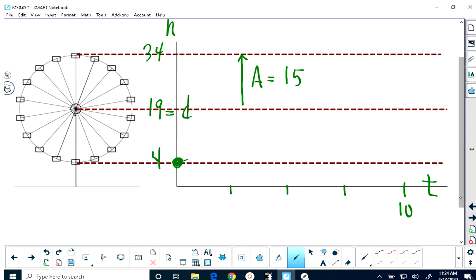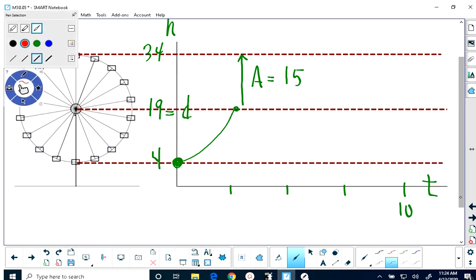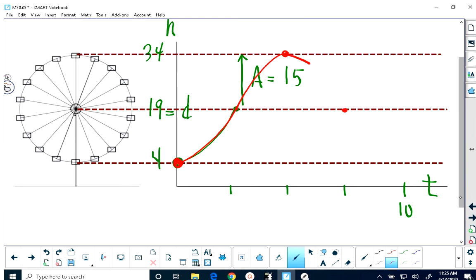They're going to go up. Then they're going to peak at this point, so they continue to go up. Then they're going to come back down to the middle here. And then they're going to reach the bottom at the end of 10 seconds. So this is a rough sketch of what the ride looks like graphically.